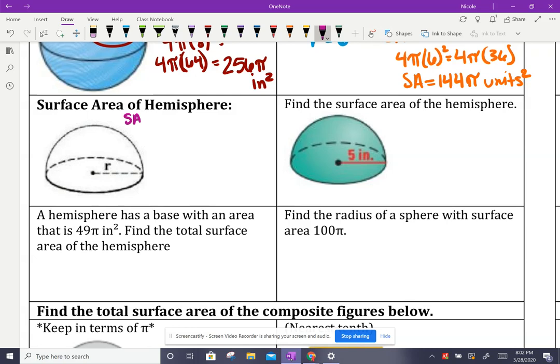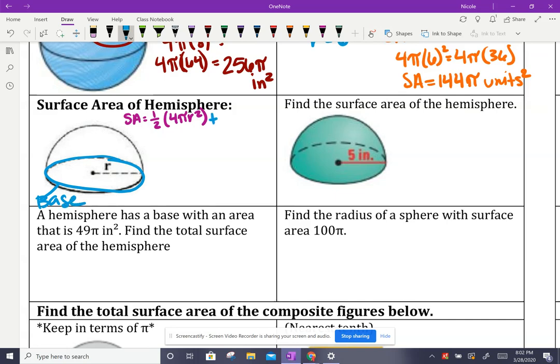So your surface area is 1/2 of a sphere, which is 4 pi r squared. That's covering kind of the lateral part of the surface area. And then the base, this is our base down here. What shape is that base? It's a circle.